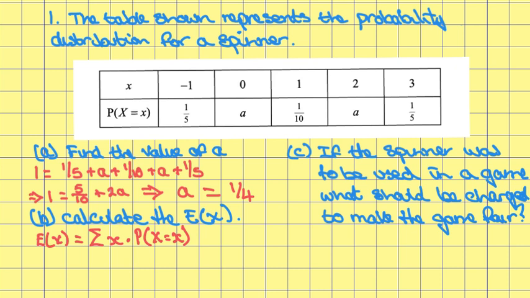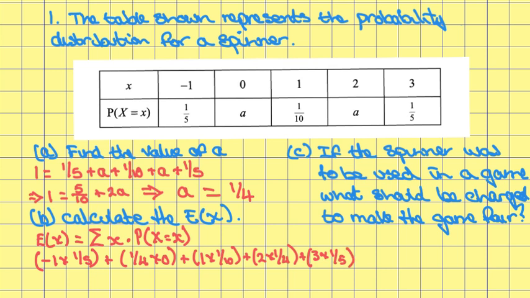So in this case, we have minus 1 times 1/5, plus, we know A is a quarter, so a quarter times 0, plus 1 times 1/10, plus 2 times a quarter, plus 3 times 1/5, which is equal to 1.